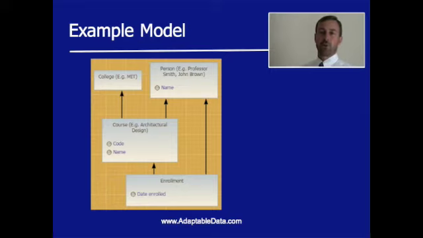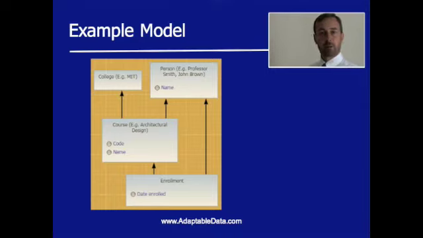So what we're showing on this model here is four entities: college, person, course and enrolment. As you can see from here, there is the notion that a course is offered by a college. That's the relationship between course and college, and that courses have a code and a name.